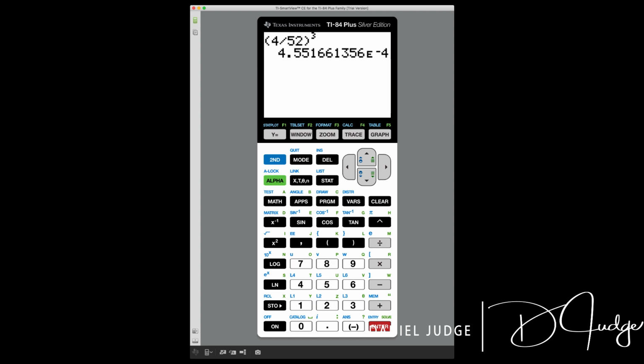Don't ignore the e to the minus 4 power, because if you guys remember, you cannot have a probability that's bigger than 1. A probability of 4.55 does not exist. So if you guys remember, tell me exactly what this means.